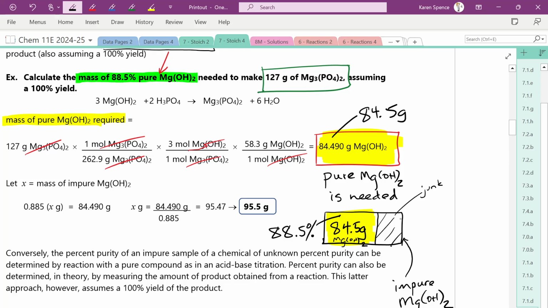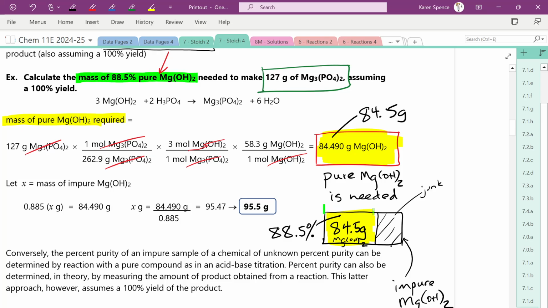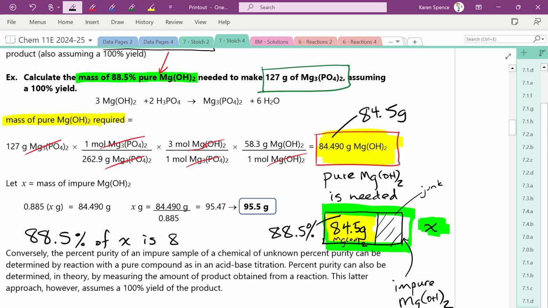So I'm going to call this entire amount, this entire thing, X. So 88.5% of X is 84.5 grams. Does that make sense? Okay.